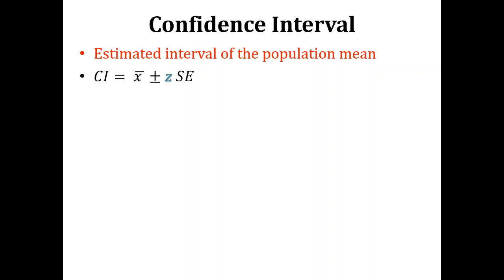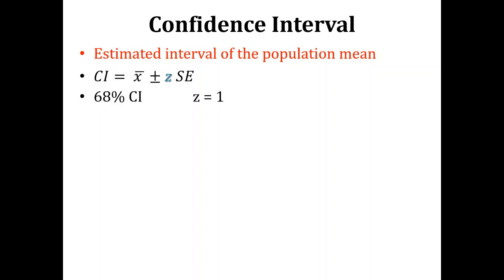And this is the formula for calculation of the confidence interval, because as we discussed, the sample mean deviates from the population mean plus minus the standard error, right? So this is how we calculate the confidence interval: the mean value plus minus z multiplied by SE, which is the standard error. So what is this z-score?